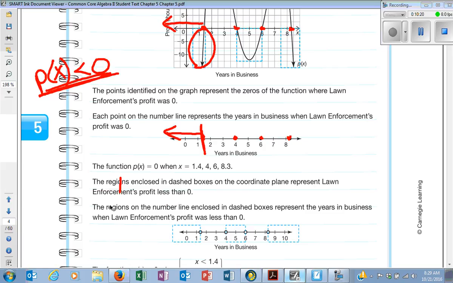Are you with me? And what about this area right here? What would have to happen? It would have to be between here and between here. All those numbers would be less than 0. And what happens here? Have to be here or what? Greater. Are you with me on that? Because when I'm on my number line that's going left and right, what am I only looking at?